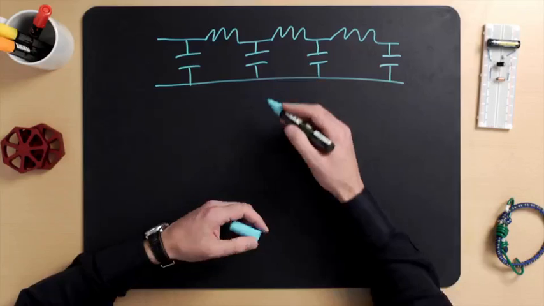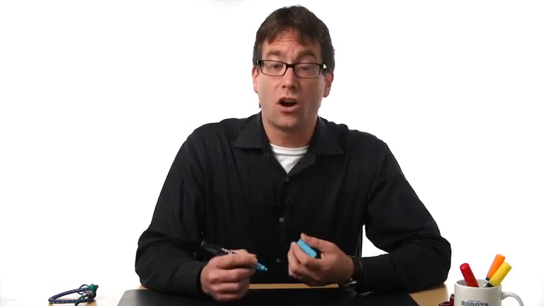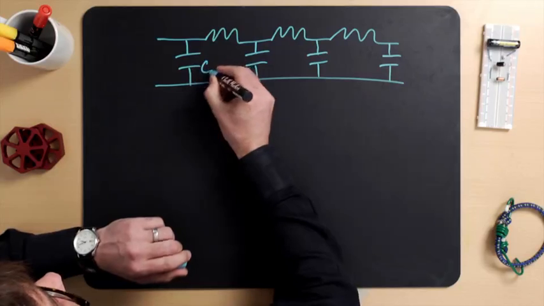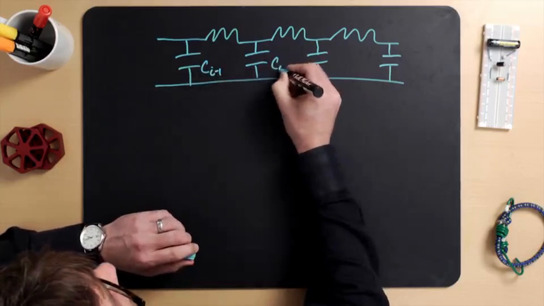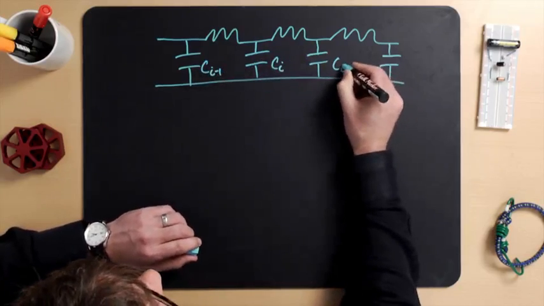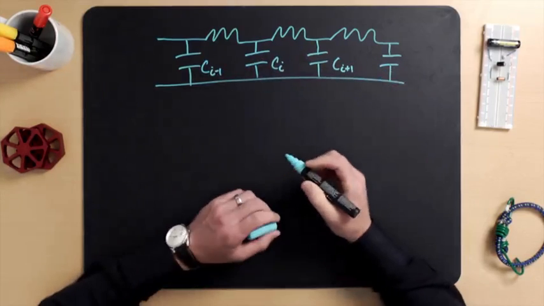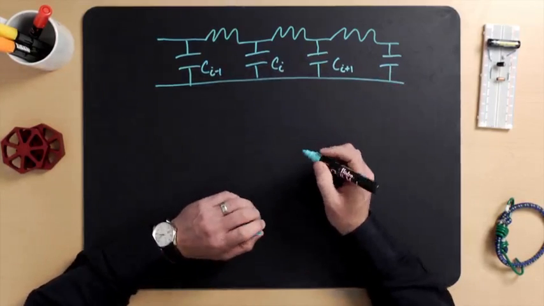The circuit has lots of repeating elements, each of which has a capacitor and a resistor in a loop. All of the capacitors have capacitance C, and all of the resistors have resistance R. And I'm going to mark in Ci minus 1, Ci, and Ci plus 1, so that we know which capacitor we're talking about.